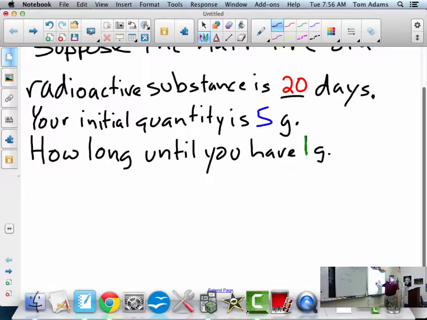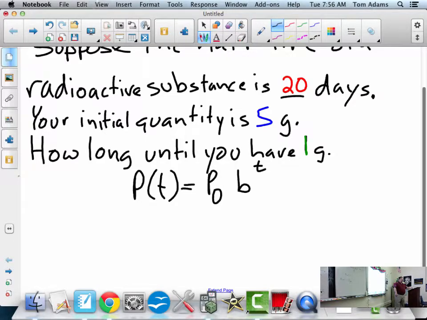So the amount of substance we have, and we'll just use P of T, is equal to the initial amount you start off with, some sort of rate of change or a base, and then usually it's raised to a unit of time. Okay?